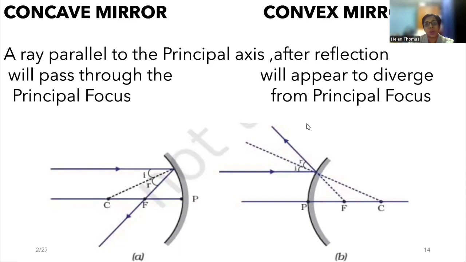Likewise, in the convex mirror, the ray parallel to the principal axis, after reflection, will appear to diverge from the principal focus. So in the concave mirror, the parallel ray will converge to the principal focus, while in the convex mirror, the reflected ray will appear to diverge from the principal focus.